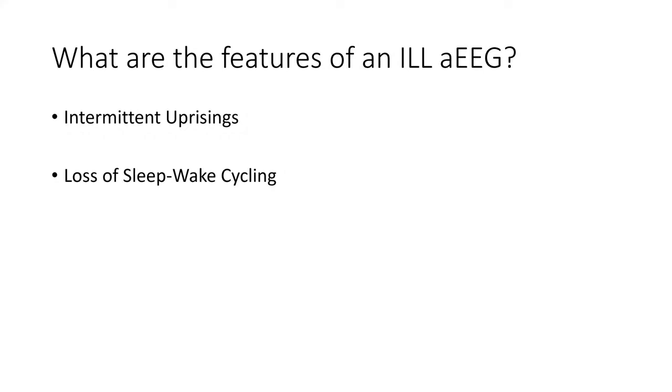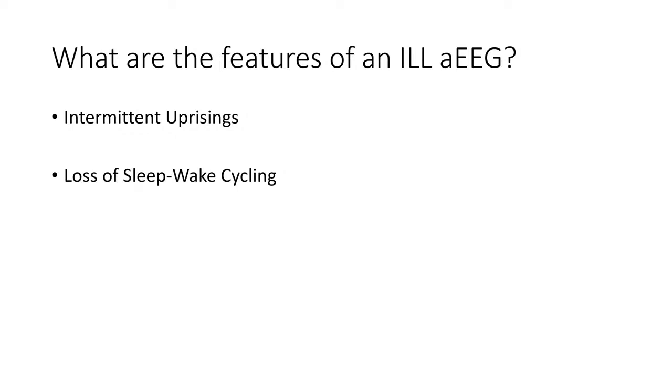The other time we have that loss of sleep-wake cycling is in our mild HIE babies, so babies who are being evaluated for cooling. We saw this a lot back in the CoolCap trial, where the kids would be evaluated with aEEG, and we would see that they would have okay backgrounds, but they would be lacking sleep-wake cycling.